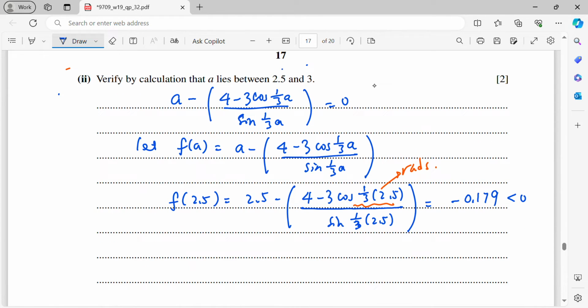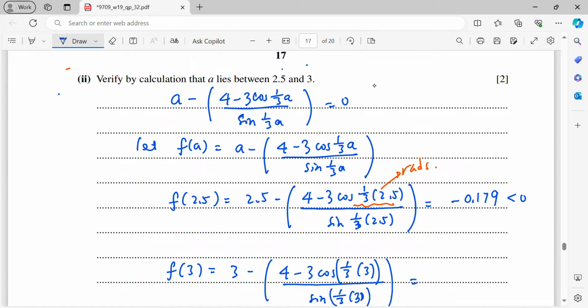And now we calculate f(3). So replace the a by 3. So 3 minus, just rewrite all these terms. This is going to be 0.173, which is greater than 0.